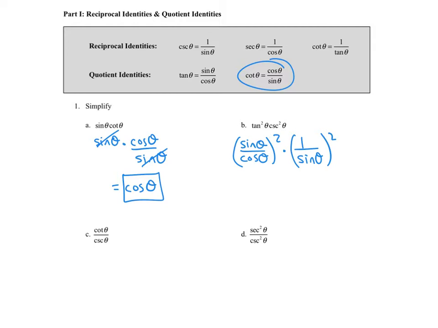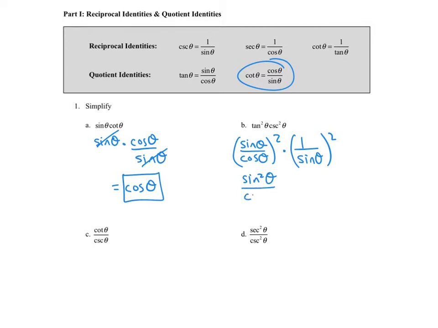And I can think of those as each part being squared. When we square a trig function, we write the exponent after the sin or the cos. So this sine squared theta means sine of theta squared. The reason we don't put the 2 at the end is because then it will look like the theta is squared, but the whole expression is squared.